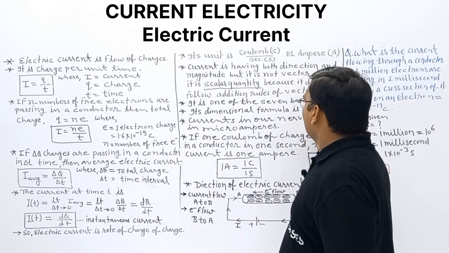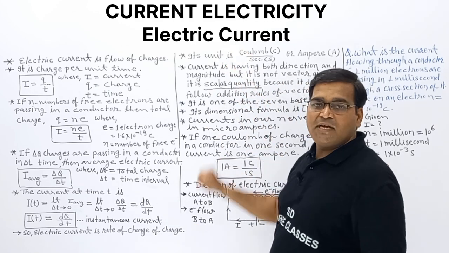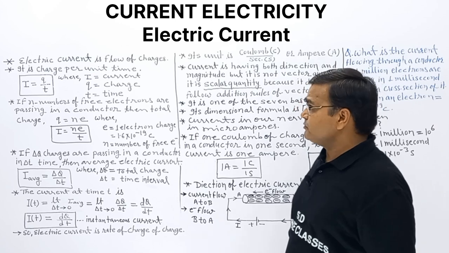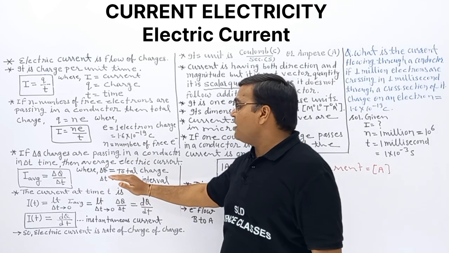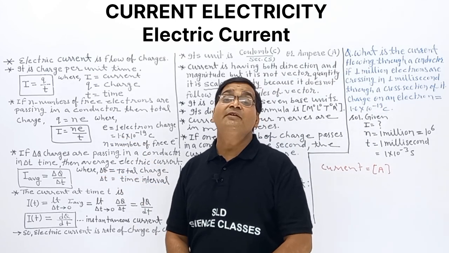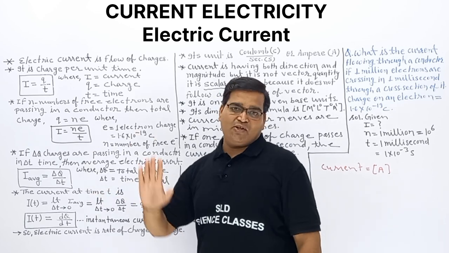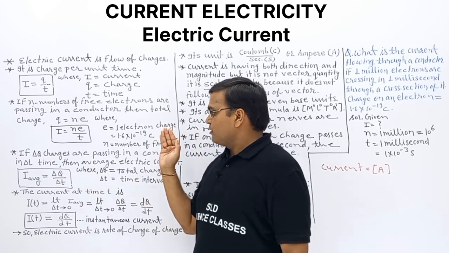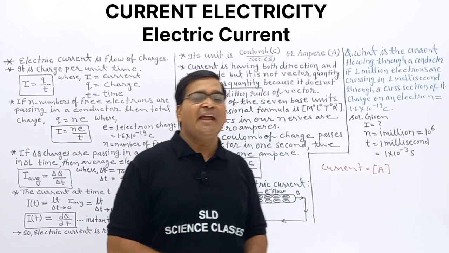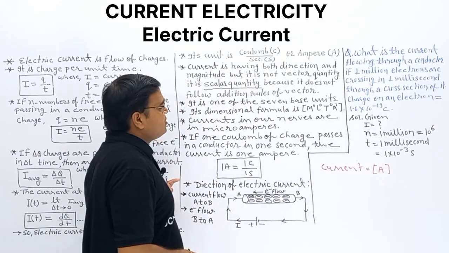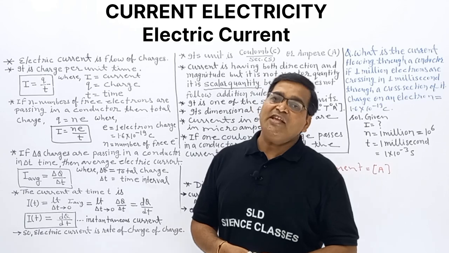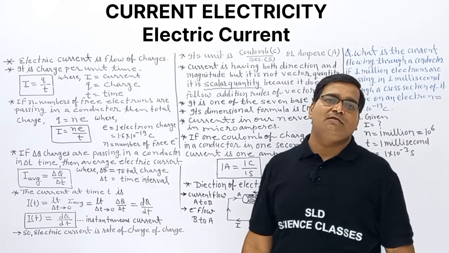We discussed the dimensional formula, and we studied the unit. Now we want average current and instantaneous current, two things. So how will we find average current and instantaneous current? What is the average?